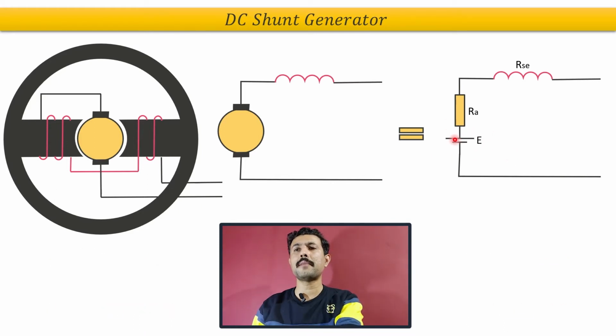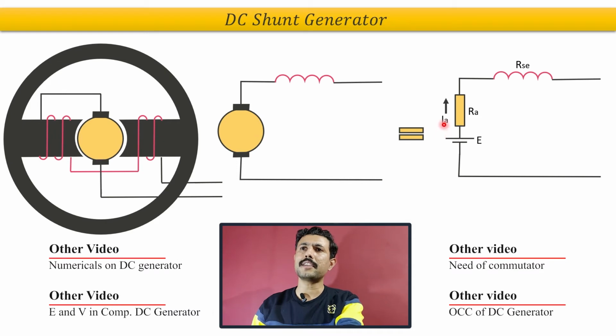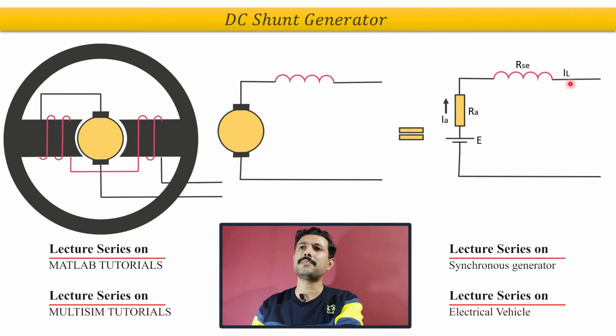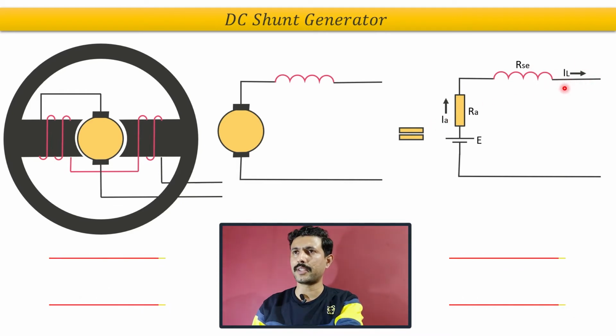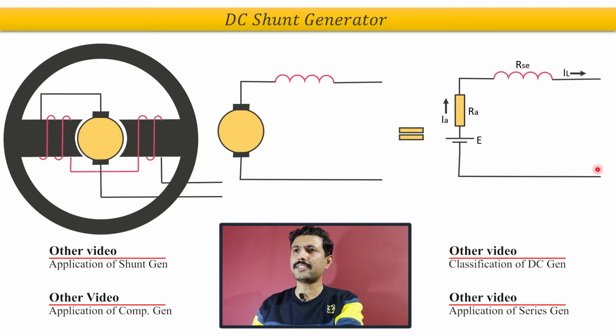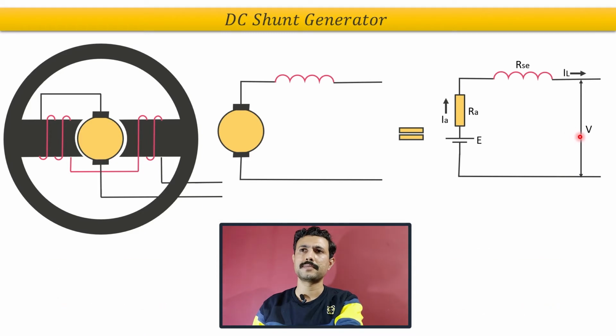Because of this induced EMF E, we get armature current. The armature current flows through this resistance and through the series field winding, and the same current is represented as load current and is given to the load. On these terminals, we get the terminal voltage V.